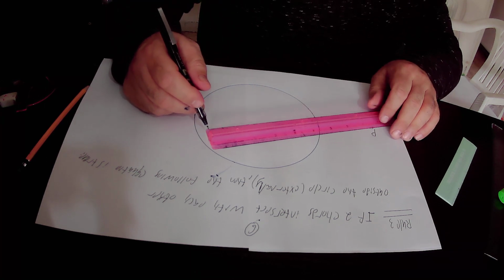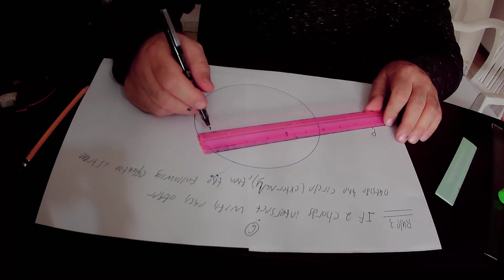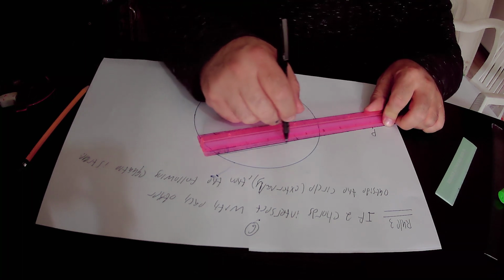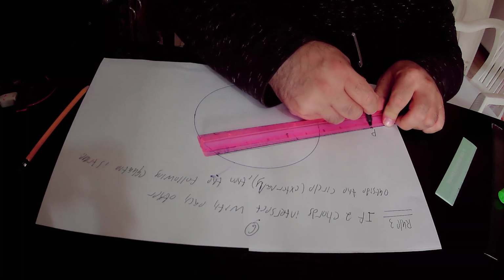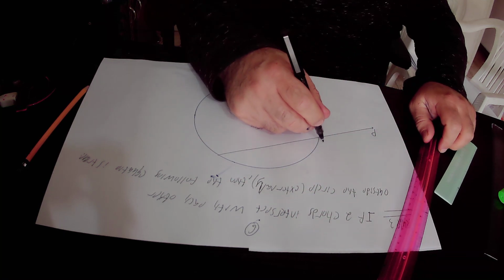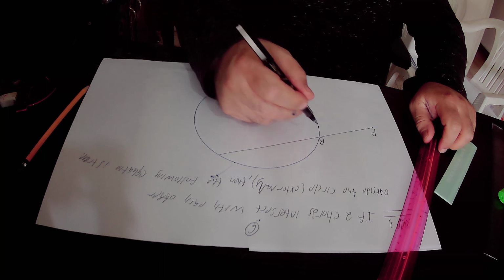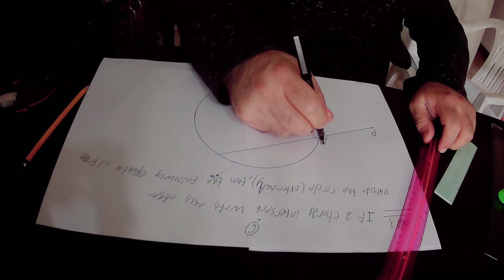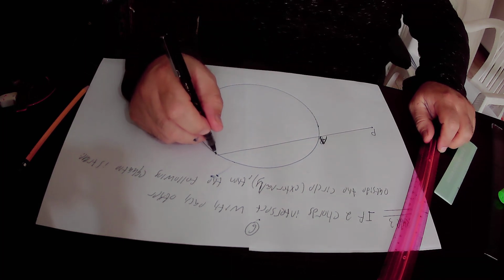This is the first chord. This point is point B, this point is point A.